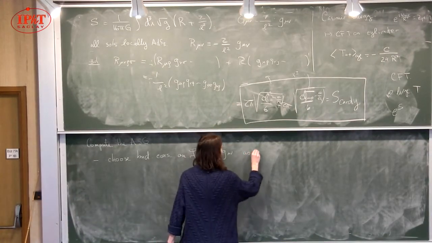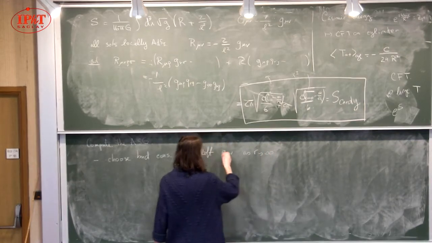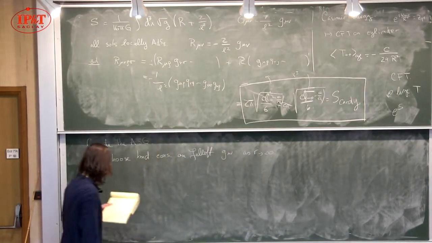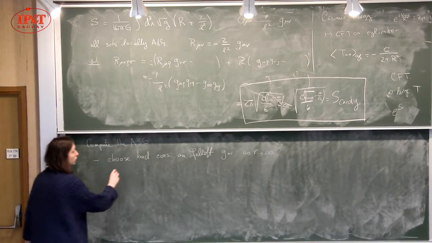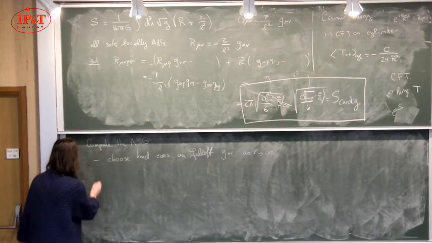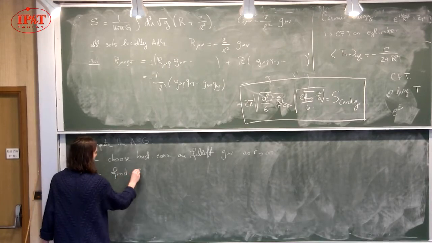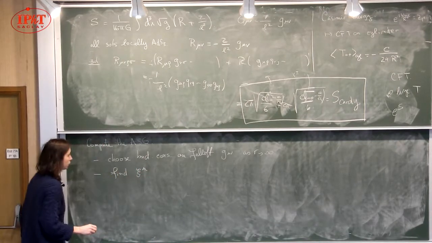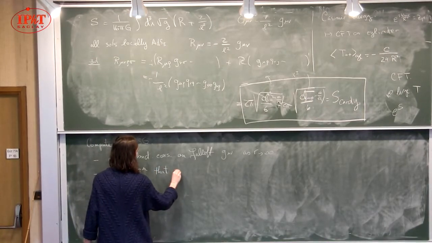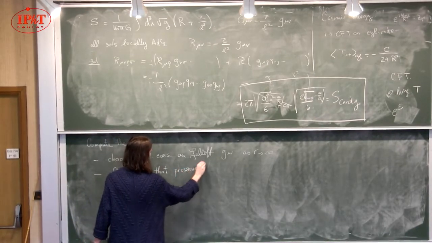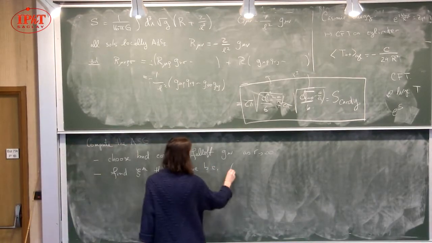As AdS3 has infinity, as R goes to infinity, I have to tell you how the metric falls off with R. And then once you've chosen the boundary conditions, one has to find the coordinate transformations that preserve these boundary conditions. So these are the allowed diffeos.